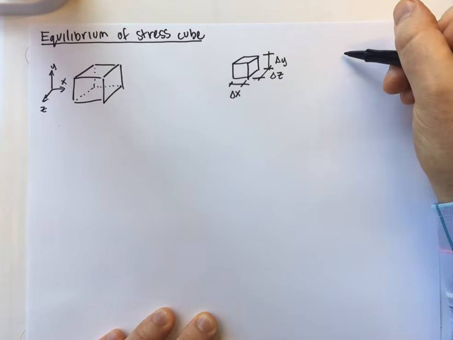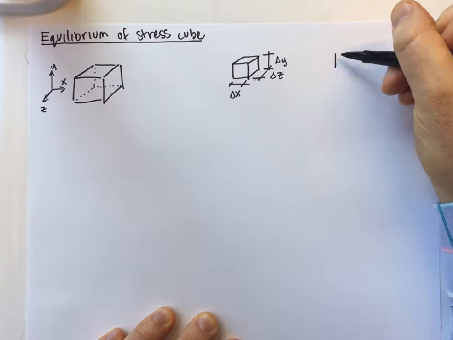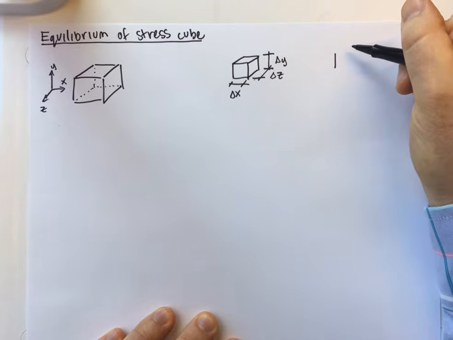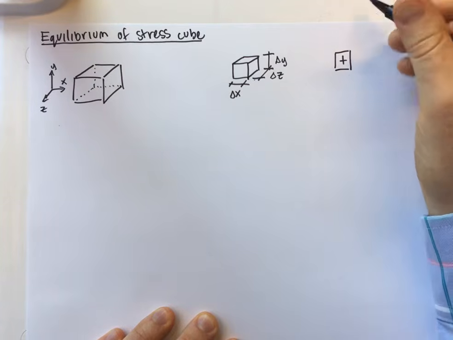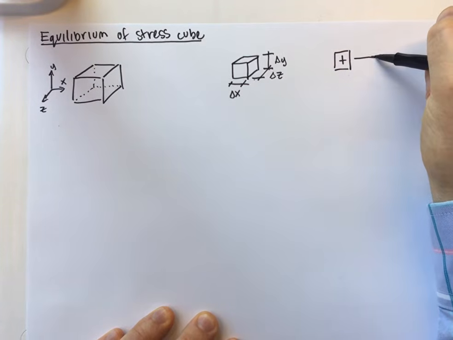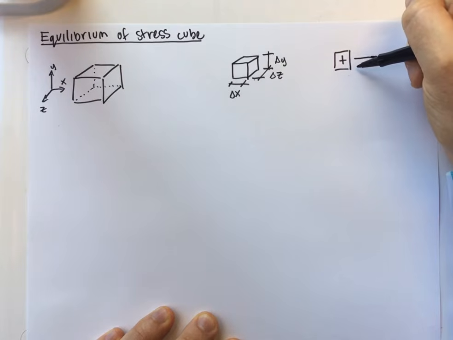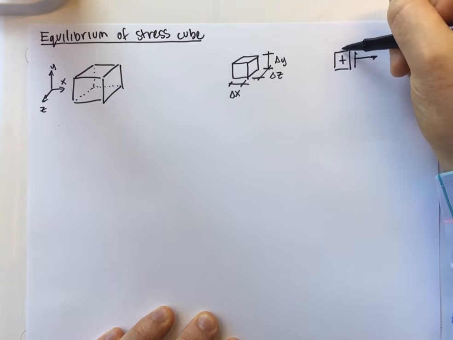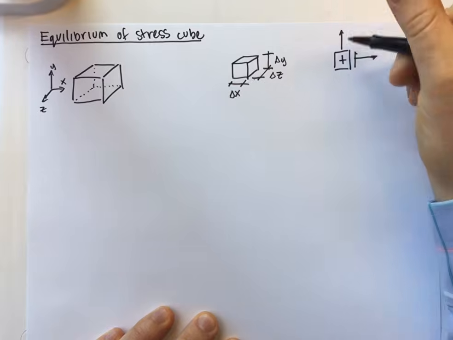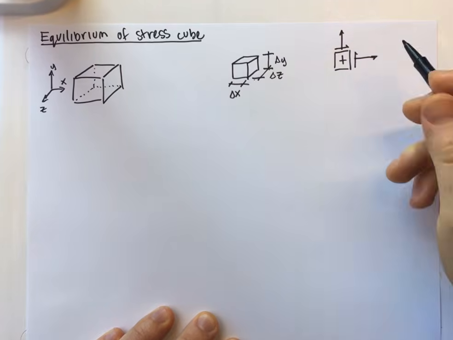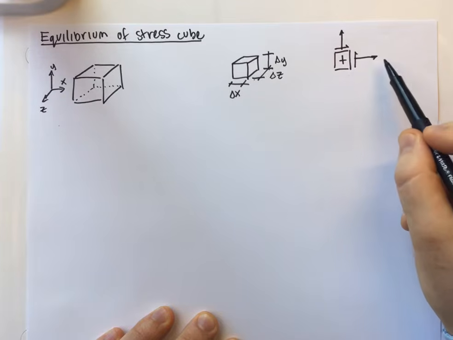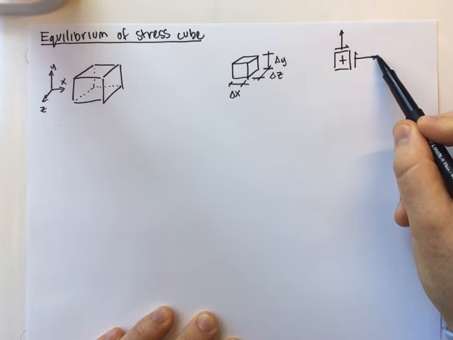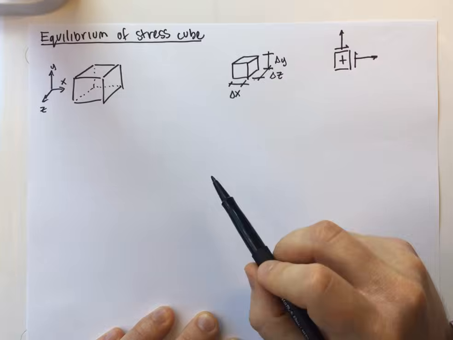And we're going to have a sign convention when we talk about some of these different things. So we're going to make sure that our positive arrows point in the positive direction. So on one face, the face that we've been talking about, those orient themselves in the same direction as the positive axes. So if this is positive x, we have a positive vector here and a positive vector there.